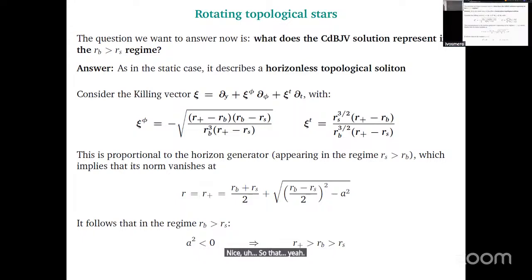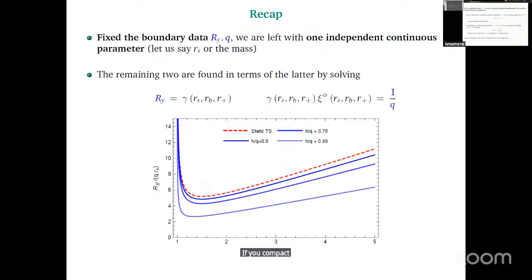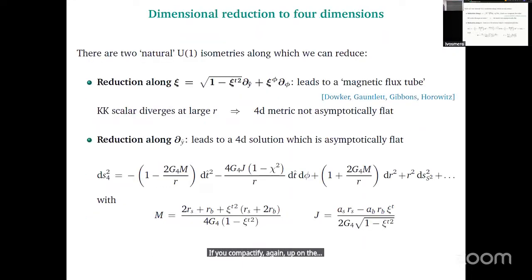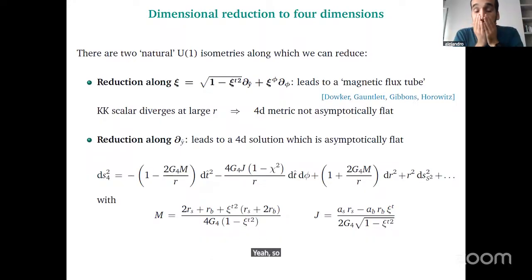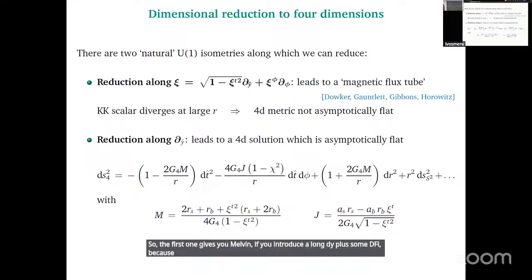So if you do the second compactification, can you go back to the second version? Again, one of them gives you Melvin. If you compactify again, so I'm in 5 dimensions. The first one gives you Melvin if you reduce along dy plus some d phi, because it's a magnetic flux tube.